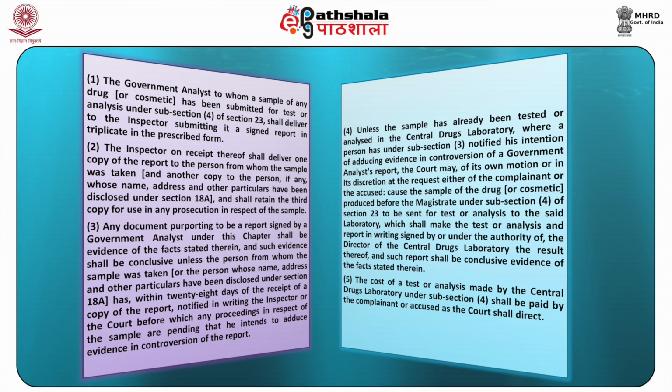The inspector on receipt thereof shall deliver 1 copy of the report to the person from whom the sample was taken and another copy to the person, if any, whose name, address and other particulars have been disclosed under section 18A, and shall retain the 3rd copy for use in any prosecution in respect of the sample.